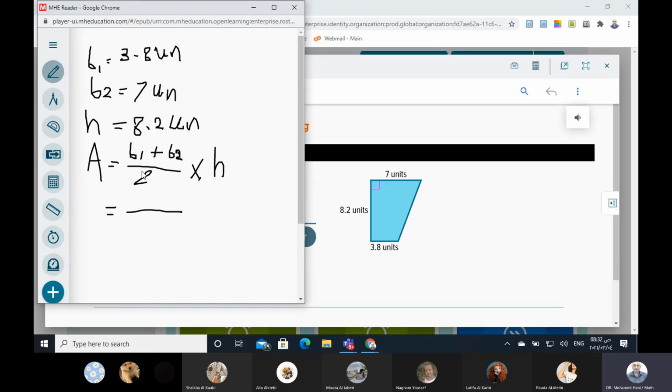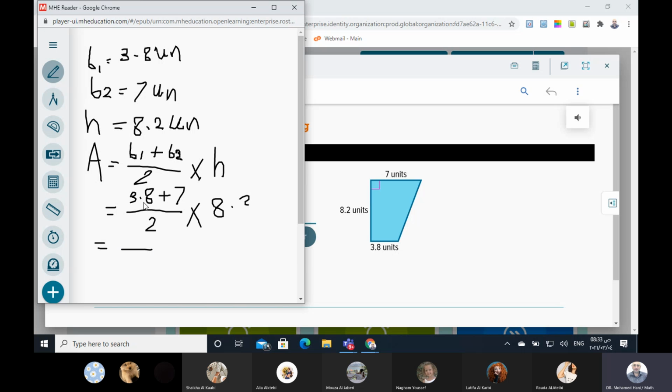P1 equals 3.8, plus P2 equals 7, divided by 2, times the height. The height will be 8.2.